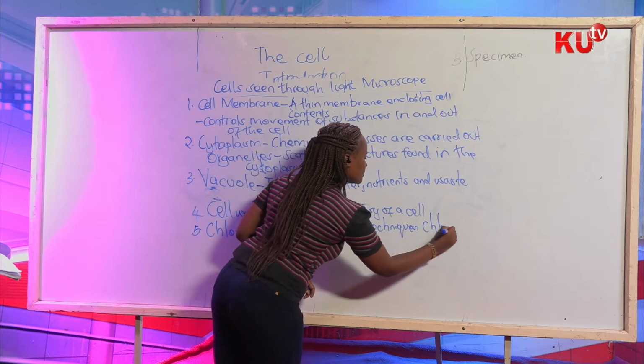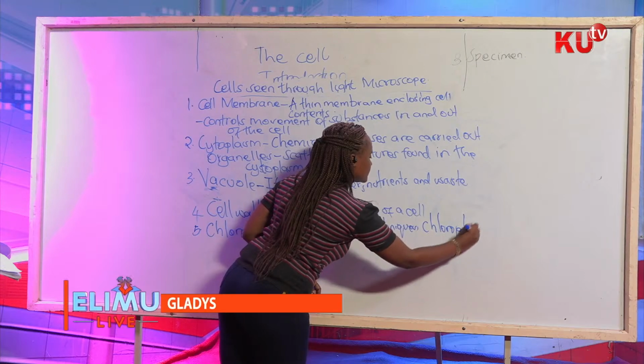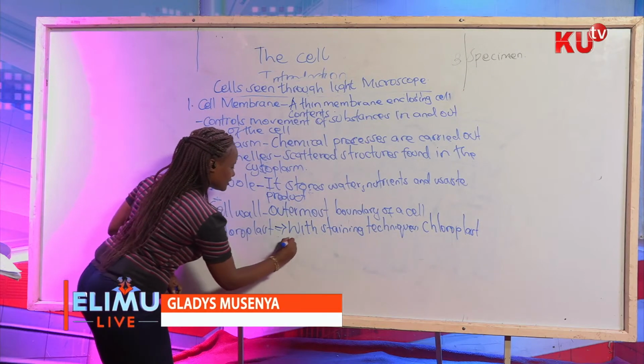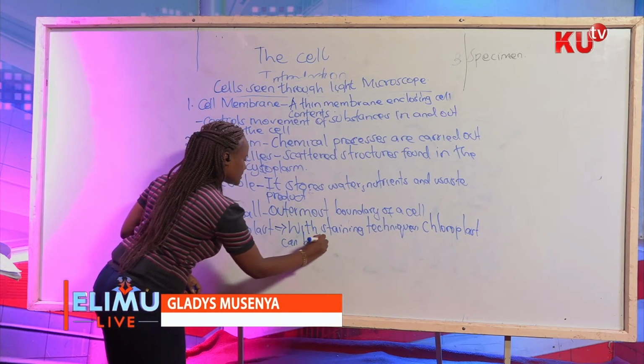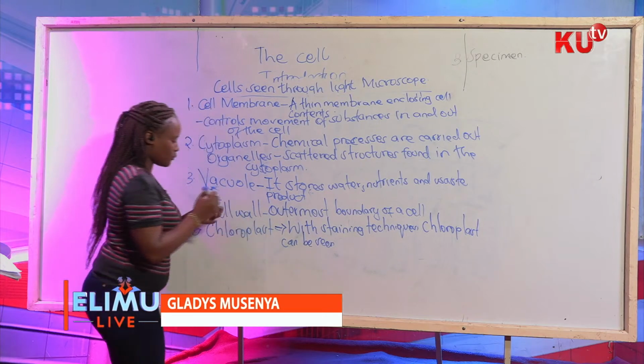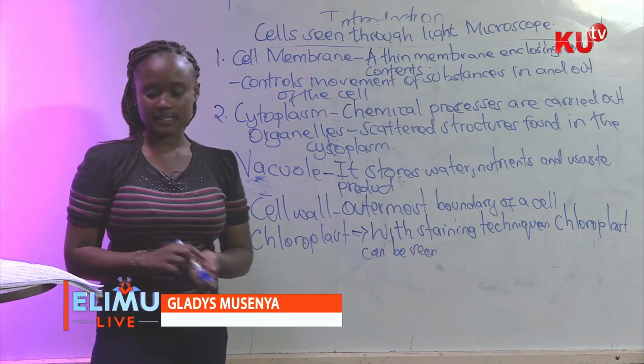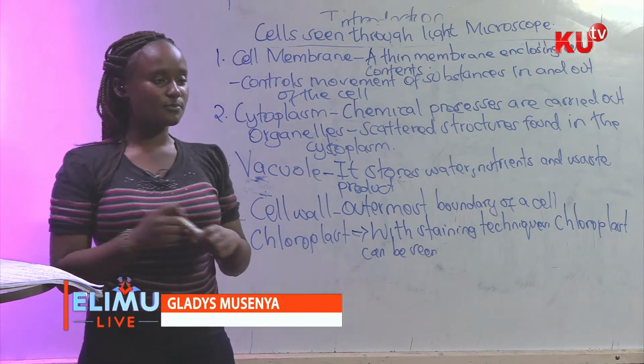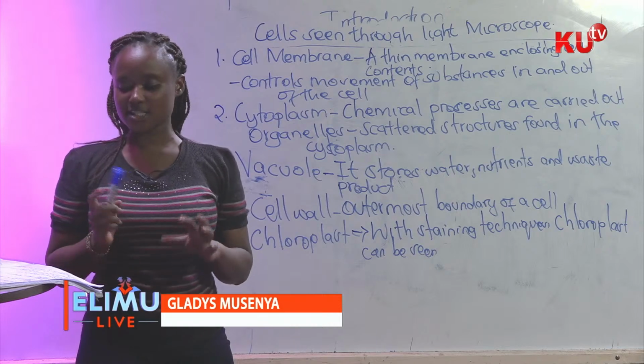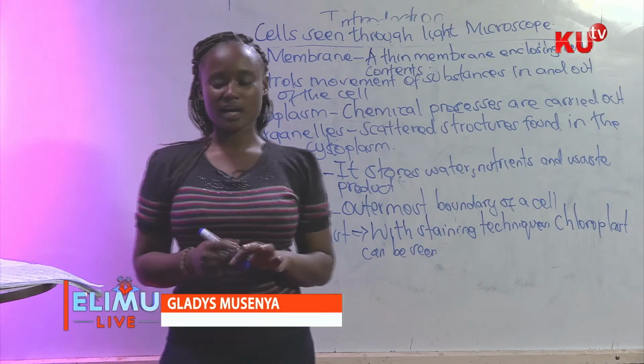So the chloroplast is found in the plant cell, and with special staining techniques, it is possible to observe the chloroplast.